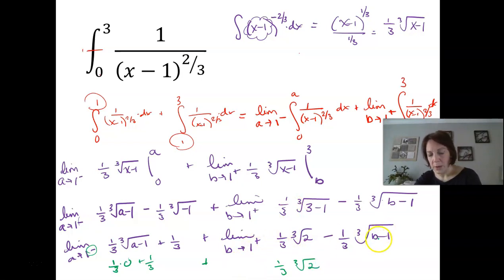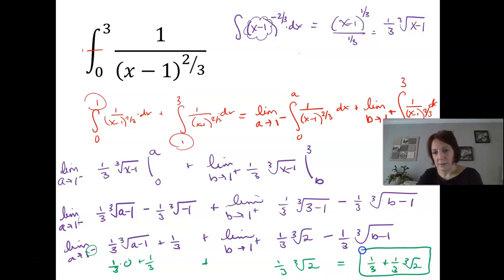Over here, when I put a 1 in, this is going to be a little bit bigger than 1, minus 1. So cube root of very, very tiny 0. So that whole thing is 0. So I end up with 1/3 plus 1/3 cube root of 2. That's a very specific area under that curve between 0 and 1.